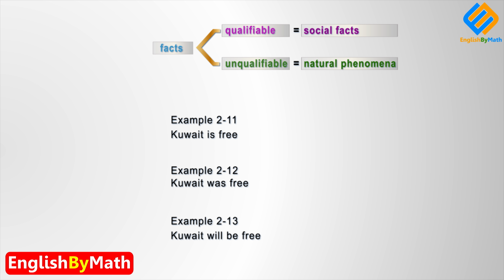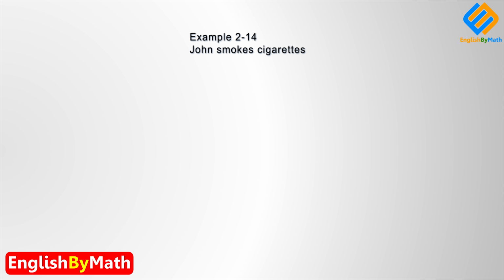Now let's discuss habits. Habits are things that we do over and over again. John smokes cigarettes. Example 214 means that John has a habit of smoking. No change.